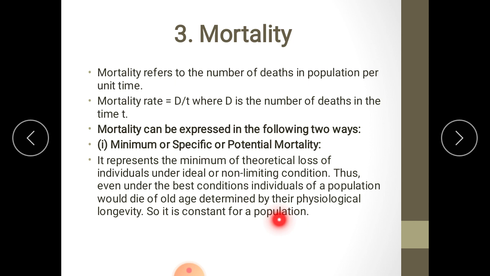For a particular population, this minimum or specific or potential mortality is constant. When the population is provided with all facilities under ideal condition, they show a minimum number of deaths. That minimum number of deaths is a constant for a population. Different populations have different constant mortality rates.